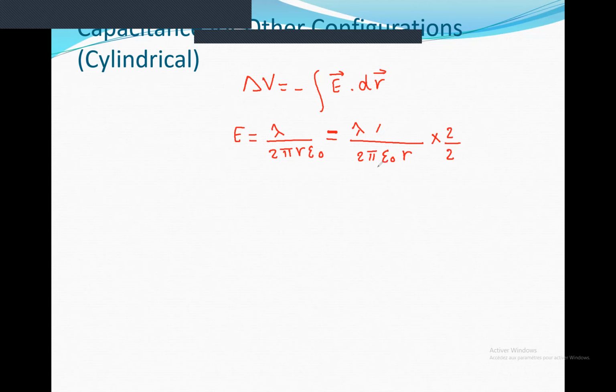Okay, just to put K in place of 2 times 2 times pi times epsilon 0. We get 1 divided by 4 pi epsilon 0, which equals K. So here we get 2 lambda K divided by R.